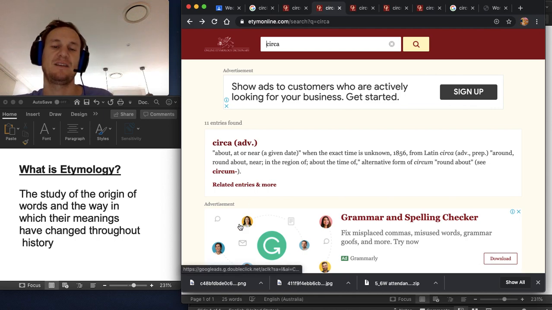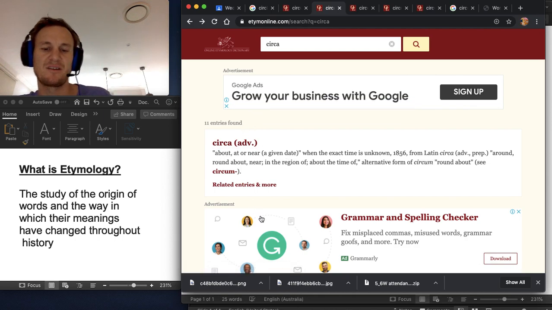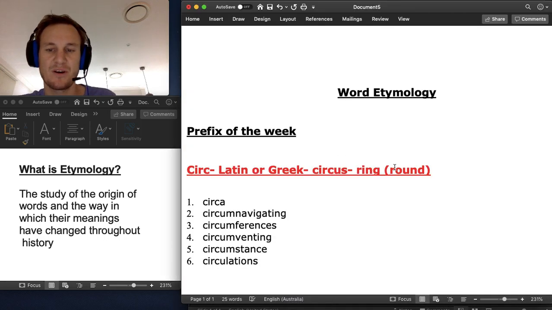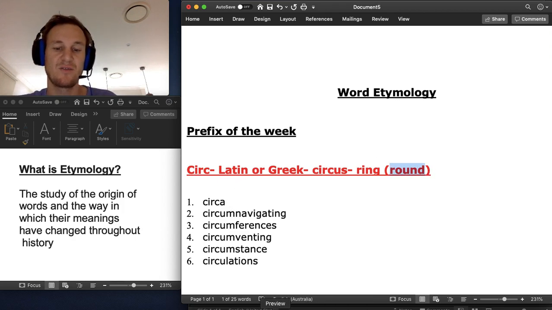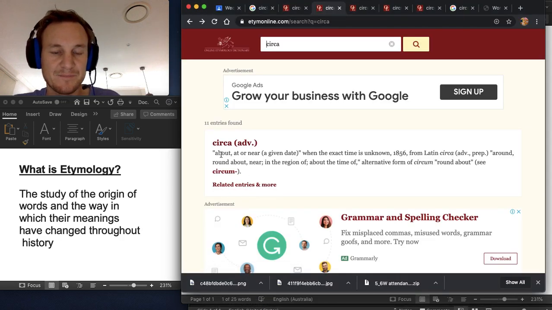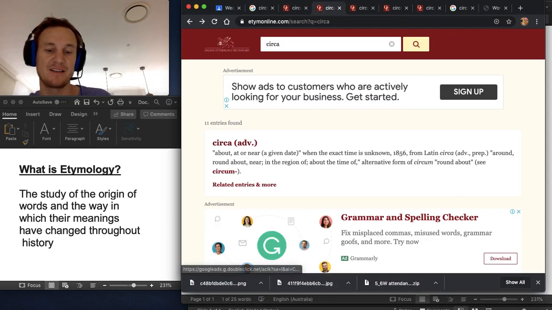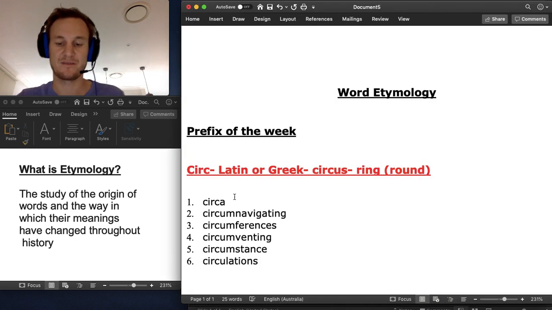If we're guessing when it was, then with circa it was around that time, so the word round comes into it. Circa: at, or near a given date. So around about.